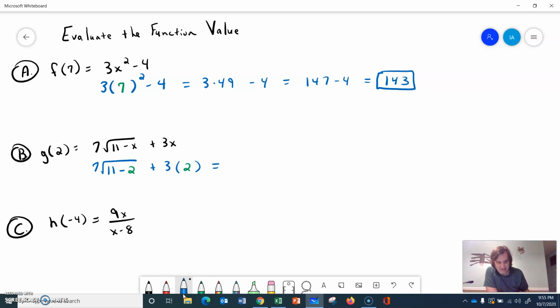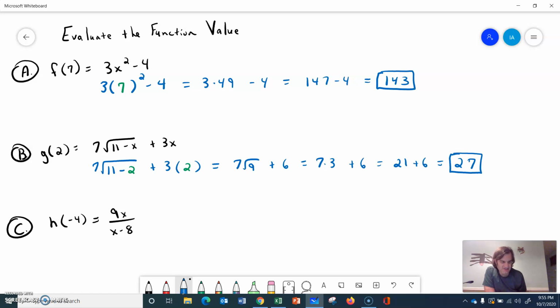So carrying that out, we'll have 7 times the square root of 9 plus 6. That'll be 7 times 3 plus 6. 21 plus 6 looks like 27. Okay. So in that function g, we put 2 in, we got 27 back.